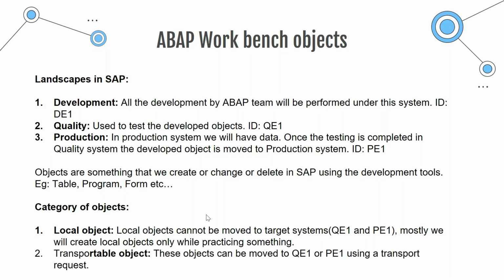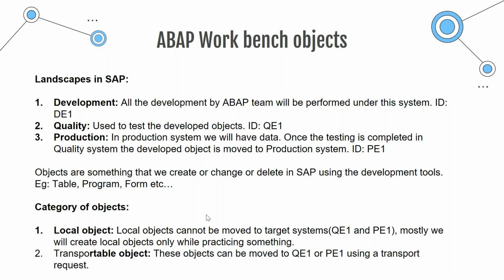Customizing objects are basically not objects, they are configurations in your system. These things are done by your functional teams. Simple. Workbench means ABAP, customizing means functional. We keep that in mind.